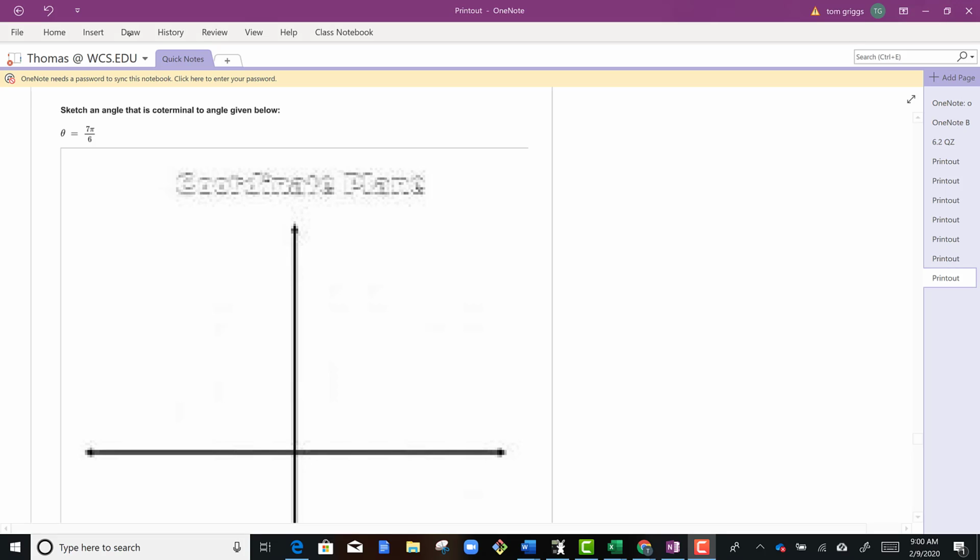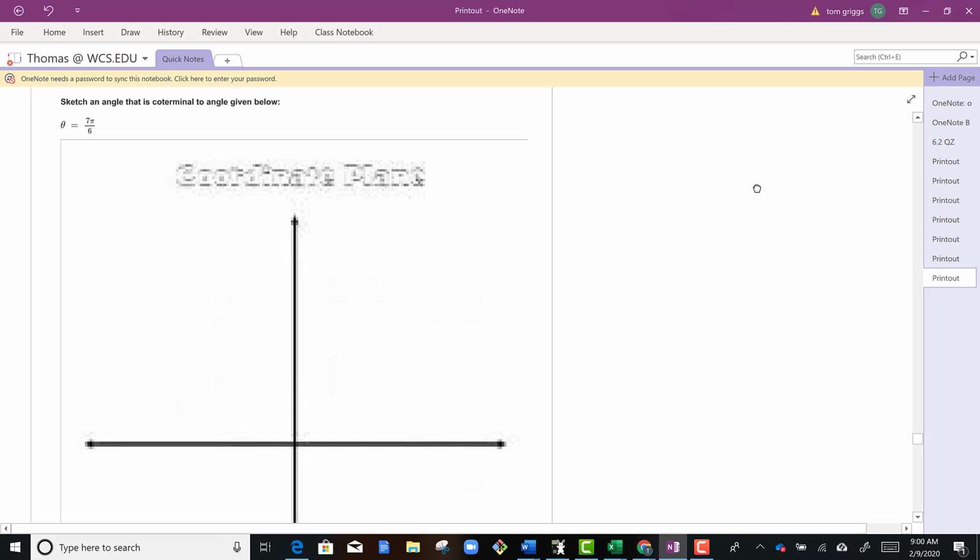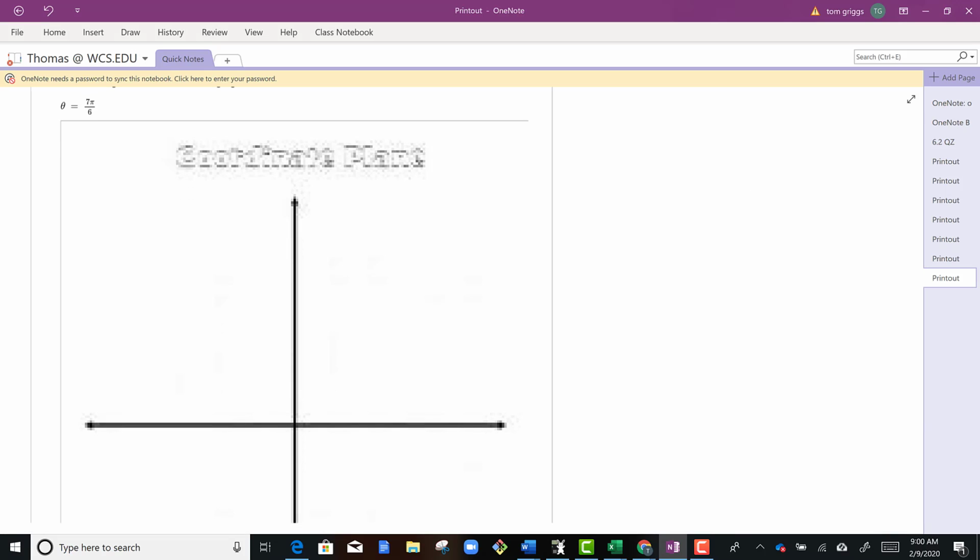So here they want us to sketch an angle that is coterminal to the angle below. So it might be helpful to first sketch the angle they give us to see exactly where it is. Except we know that coterminal means two angles that start at the positive x-axis and they end in the same place, but they come from other directions.